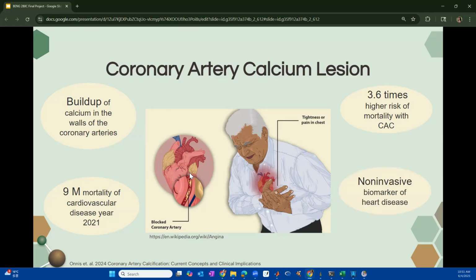But here's a hopeful part. By studying these calcium lesions, their makeup, and how they're distributed, we can gain powerful insights. Because CAC is actually one of the most reliable non-invasive markers for predicting heart disease, even more so than any other traditional risk factors. So if we understand it better, we can help more people.